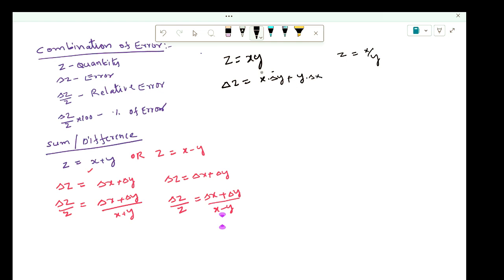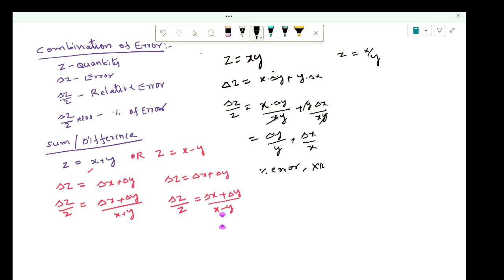Therefore dz by z, the relative error, is x into dy by xy plus y into dx by xy. Y gets cancelled, x gets cancelled. So that equals dy by y plus dx by x. For the percentage error, each error is multiplied by 100. Then that is the percentage error.